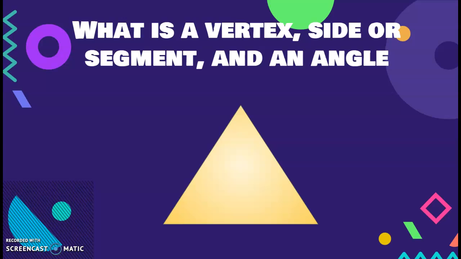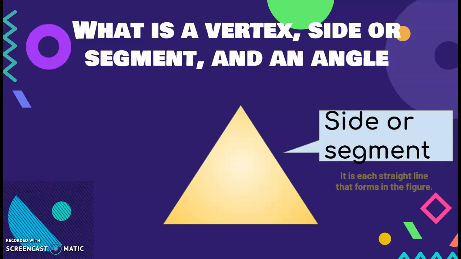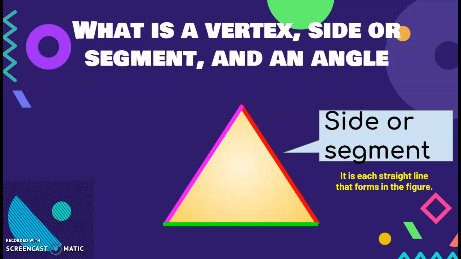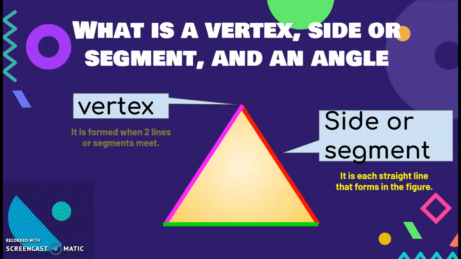Let's talk about them in terms of this shape, the triangle. A side or a segment is each straight line that forms the figure. For example, one side, two sides, three sides. The vertex is formed when two lines or segments meet.